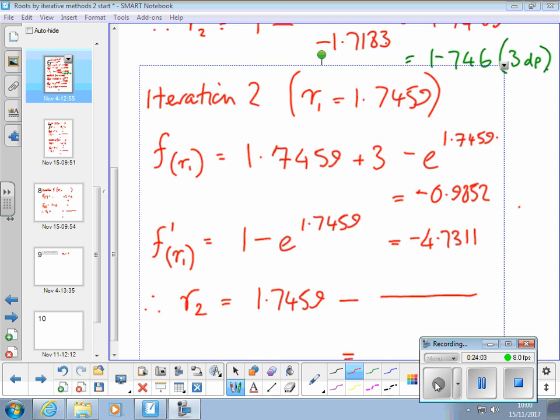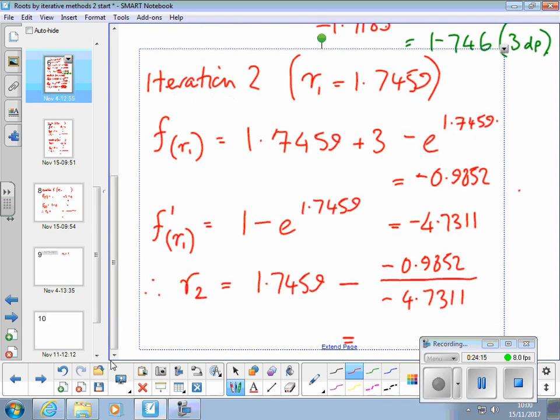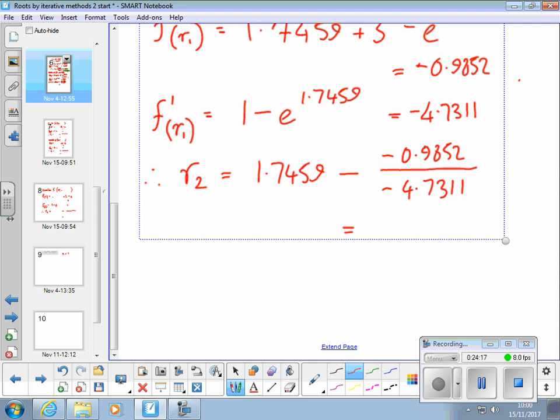Figures here. We end up with a new best guess of 1.577.